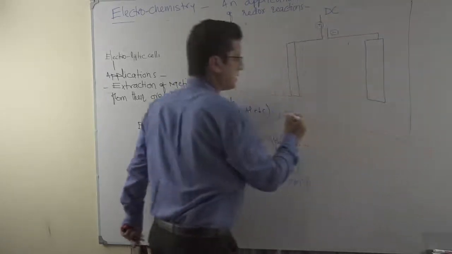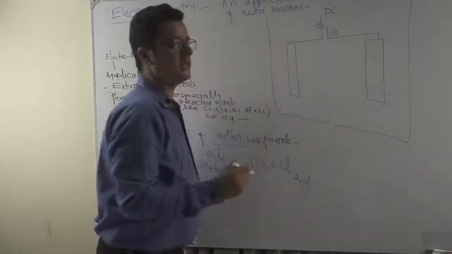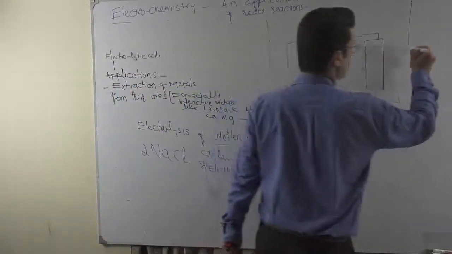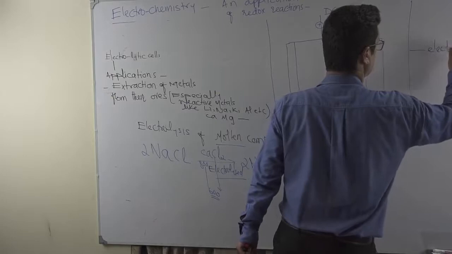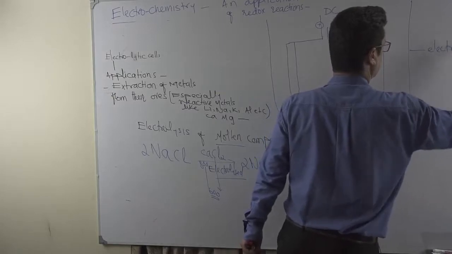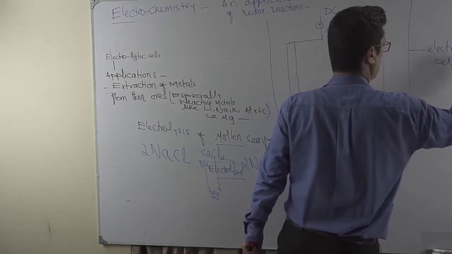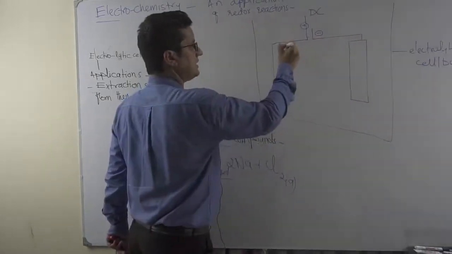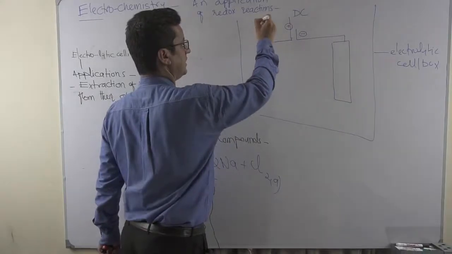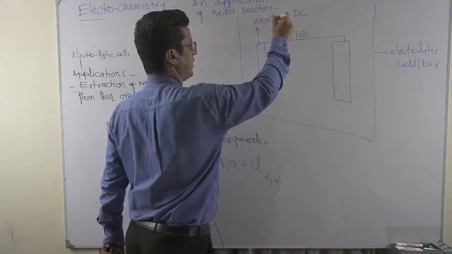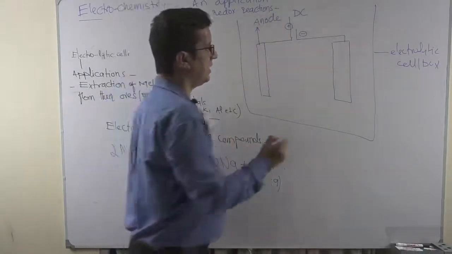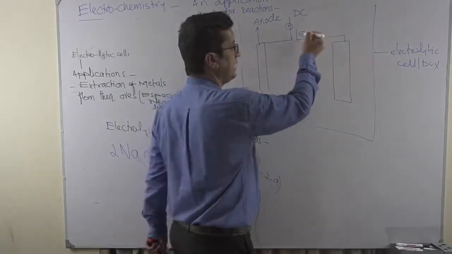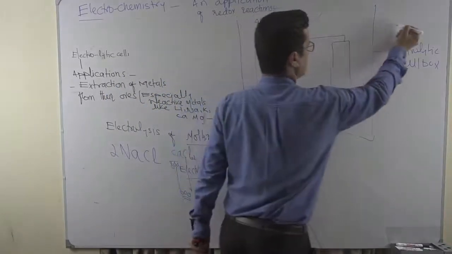And these electrodes are basically present inside the box we call the electrolytic cell or electrolytic box. The electrode which is linked with the positive terminal in an electrolytic cell is straight away called the anode. You will find oxidation occurring here. And the electrode linked with the negative terminal is called the cathode.